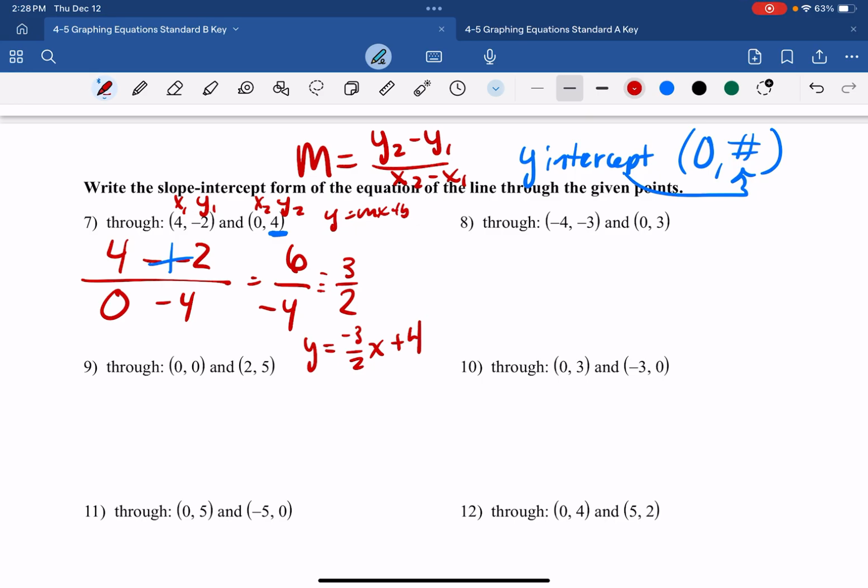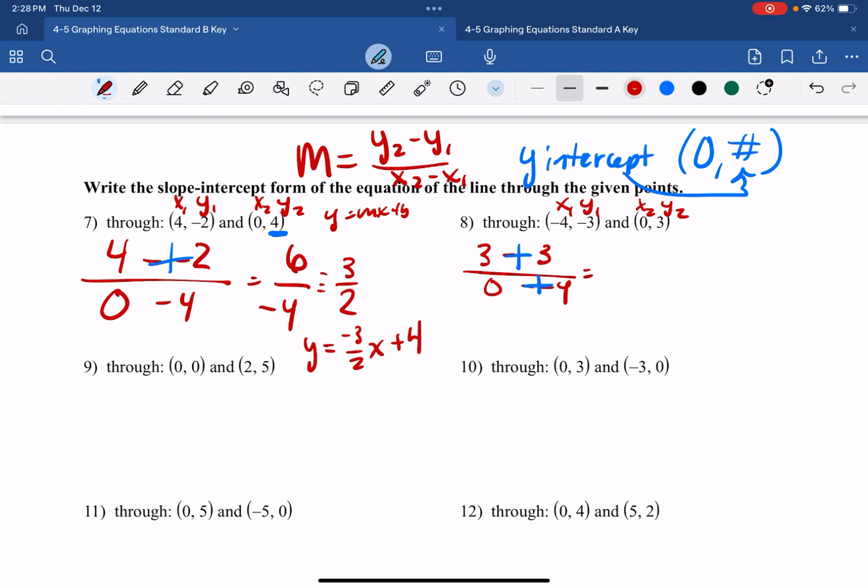All right, let's do number 8. So start by finding the slope with the slope formula. x1, y1, x2, y2. So 3 minus a negative 3 over 0 minus a negative 4. Two negatives makes a positive.